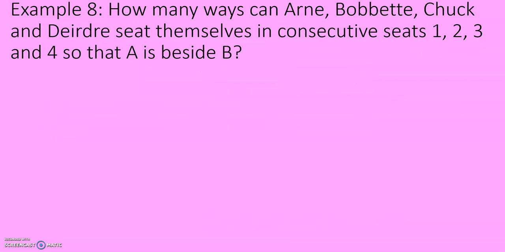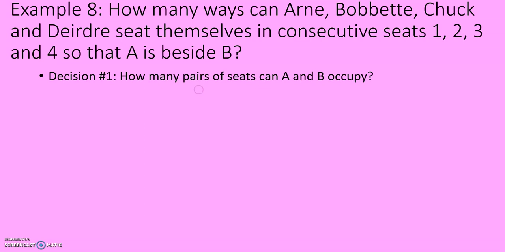How many ways can Arne, Bobbette, Chuck, and Deirdre seat themselves in consecutive seats 1, 2, 3, and 4 so that Arne is beside Bobbette? A is beside B. Decision 1 is how many pairs of seats can A and B occupy? They have to be next to each other, so there are 3 pairs of seats that would work for them.